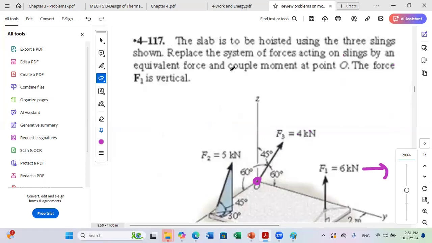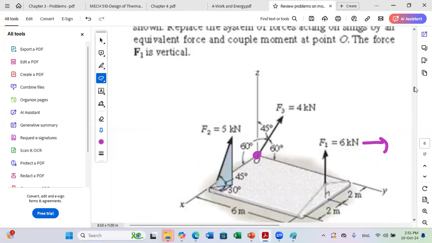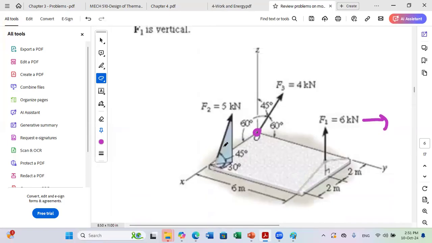You remember in class, we have seen together that one method to define a force is to project it first on a plane, then decompose the projection on the plane into two components. This is the case here. So first, the first angle I need is this one. This is 45 degrees.